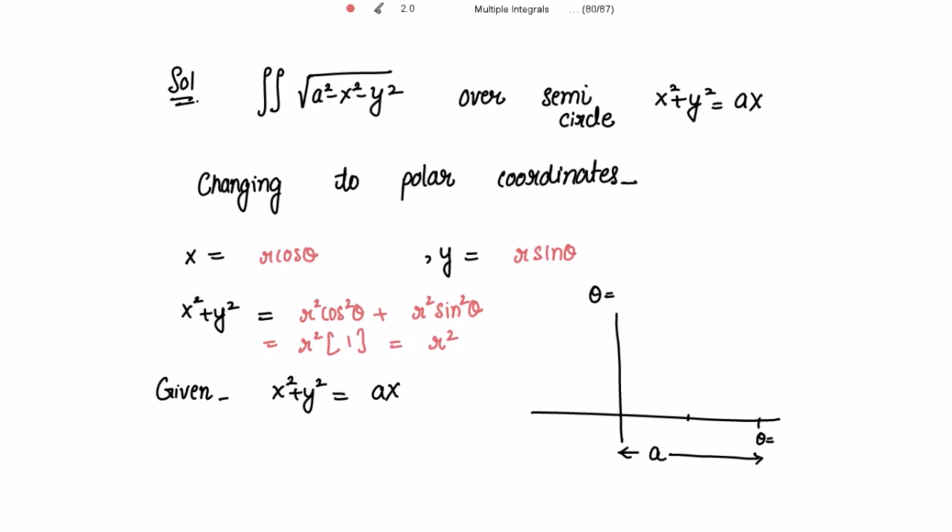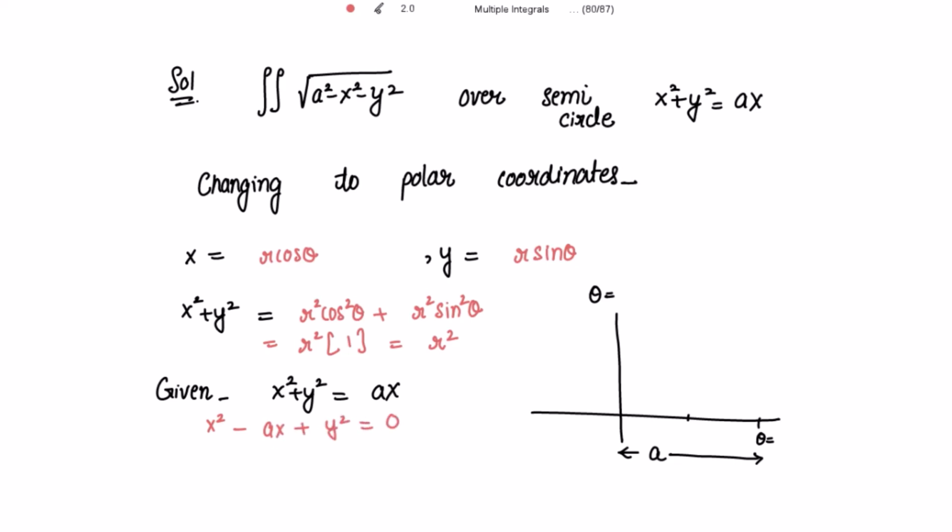Now given the semicircle x square plus y square equal to ax, we need to draw this semicircle first. So first let's get the equation of the circle. Take ax to the other side: x square minus ax plus y square equal to 0.